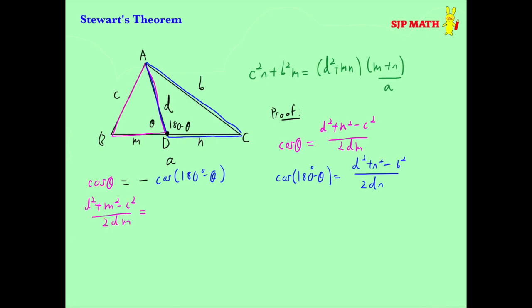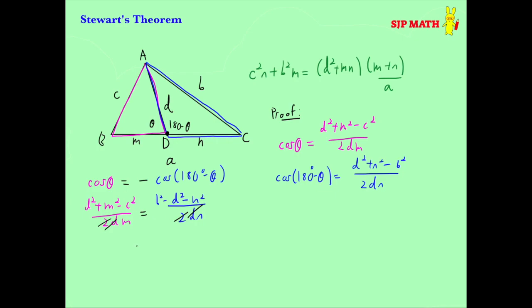If we plug them in and then subtract, this becomes b squared minus d squared minus n squared over 2dn. Then we can cancel out the 2 and the d, because d is positive, as it's a length.